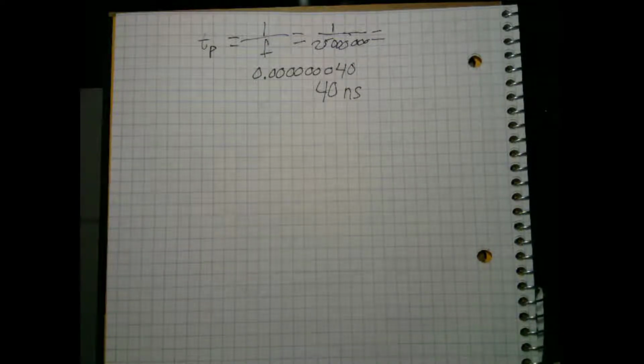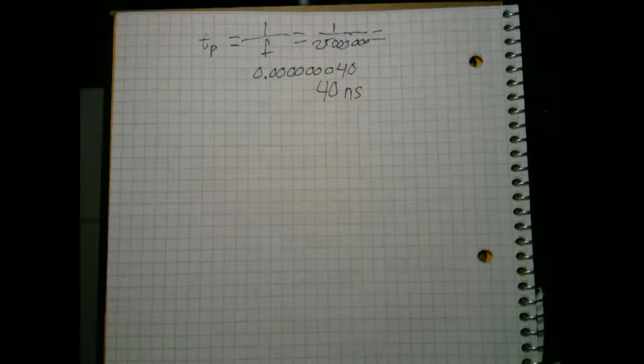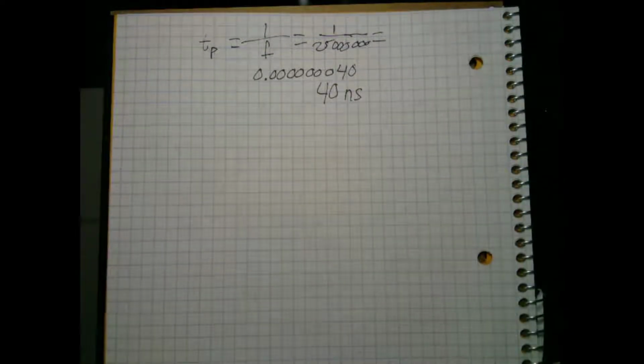So with parallel, they don't tell us how many bits the parallel transmission would be. So we could just assume that it would be a 16-bit parallel bus. And if that's the case, then transmitting 16 bits would only take 1 clock cycle. So it would only take the 40 nanoseconds. However, serial can only transmit 1 bit at a time, so knowing that it can only transmit 1 bit every 40 nanoseconds, we just multiply 40 by 16.